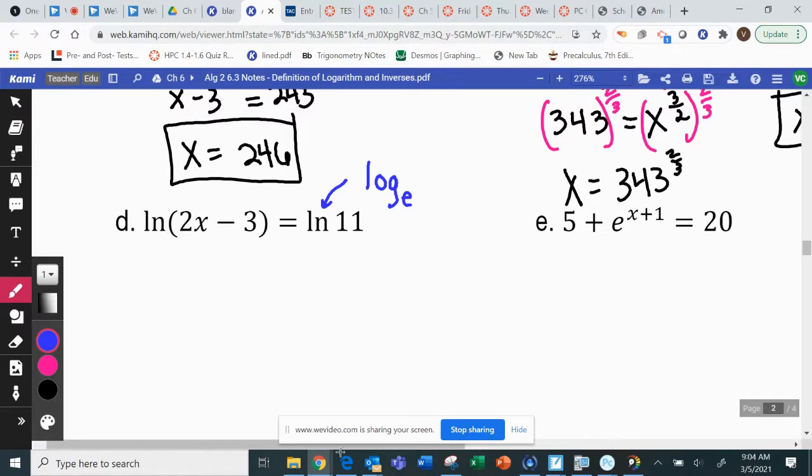So right now I have ln. I need to cancel out this log base e. What should be my big number? I can't hear you. Just e should be the big number. I should do e to ln of 2x minus 3 equals e to ln 11.